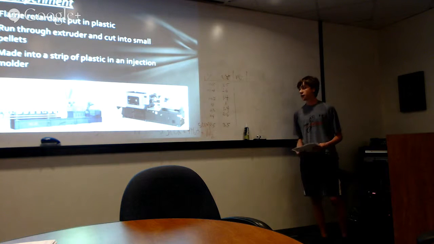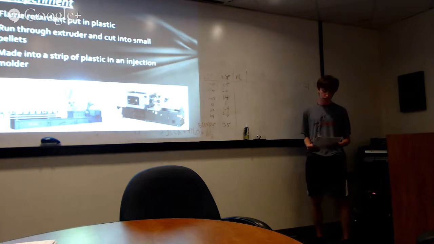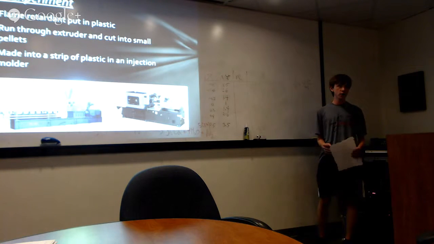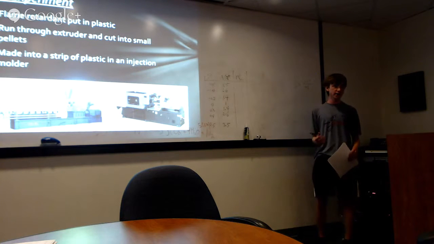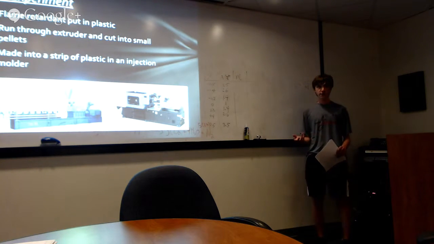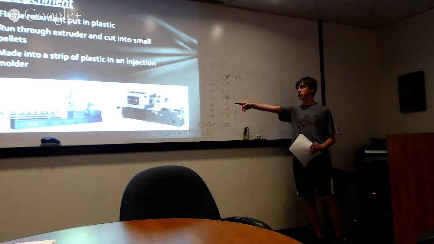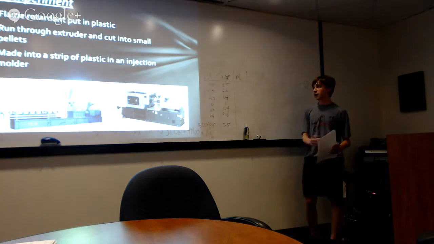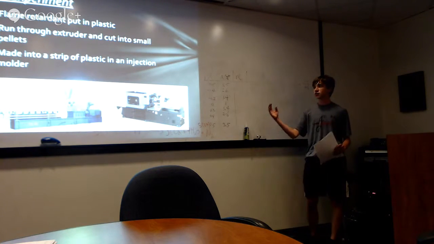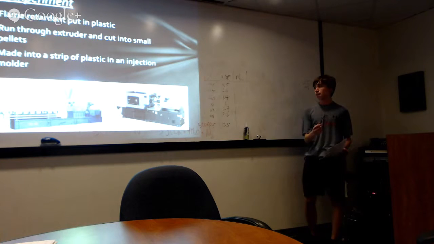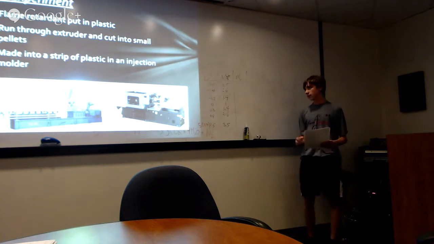So I did an experiment in which I made flame retardants. To do this, I put the powdered flame retardant that you saw earlier and mixed it together with nylon plastic. I mixed it in an extruder, which is what's on the left. The powder went through the big cone container at the top, and the plastic was in the extruder, and it comes out in small strips of black colored plastic.